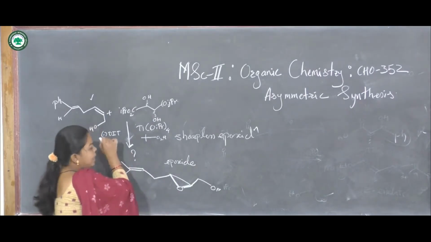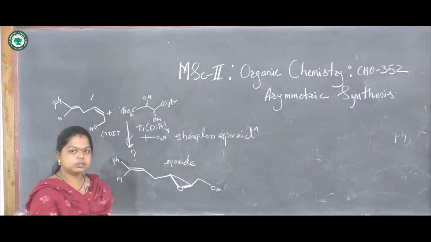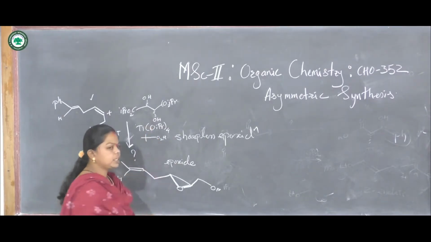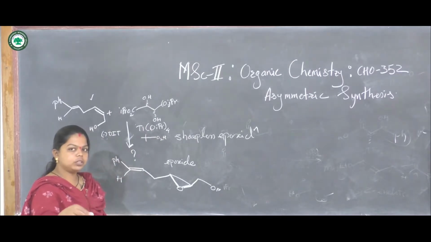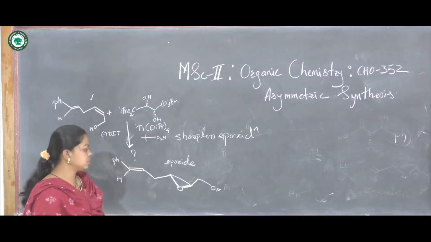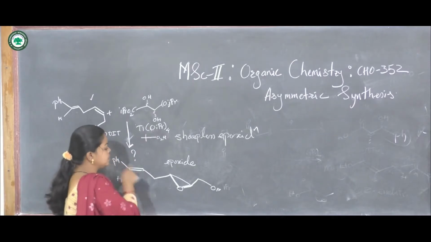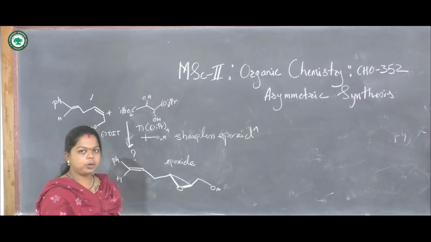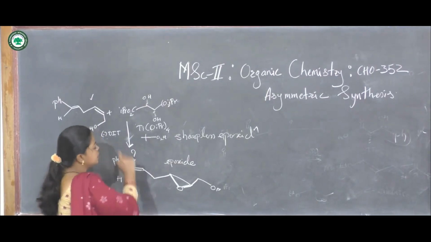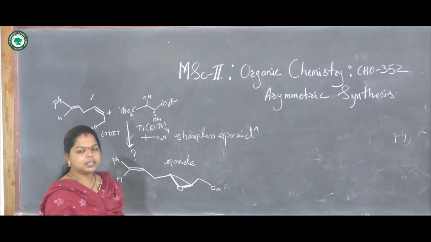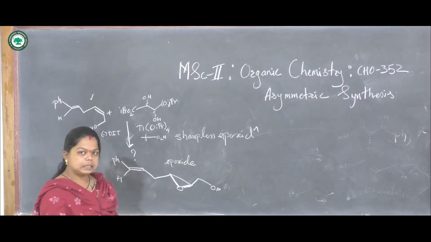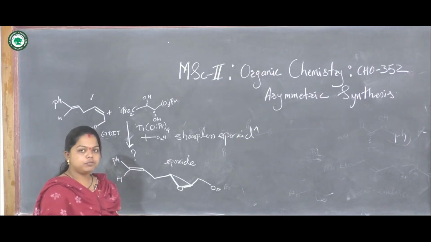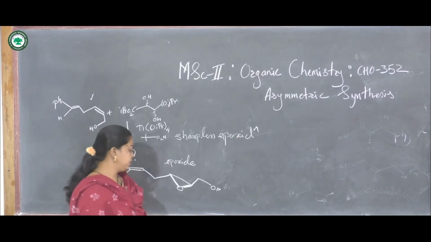Here we have used the minus diisopropyl tartrate molecule. It acts as the chiral ligand. It will get complexed with the titanium isopropoxide and carry out the asymmetric oxidation reaction. In this case, when we use minus DET or minus DIPT, we get the beta-oriented epoxide. Instead, if we use plus DIPT, plus diethyl tartrate or plus diisopropyl tartrate, we will get the alpha-oriented epoxide.